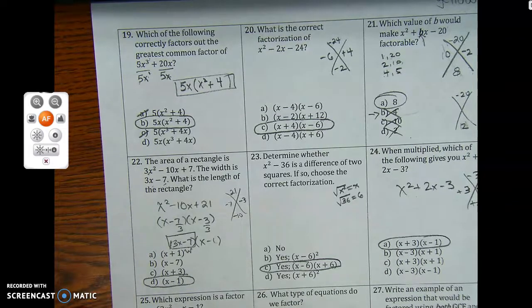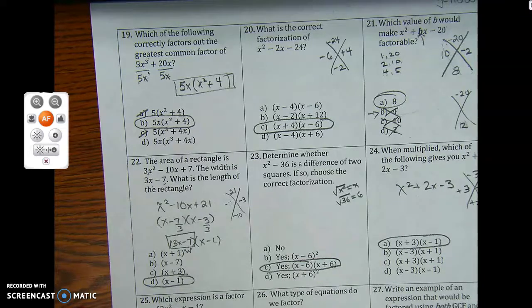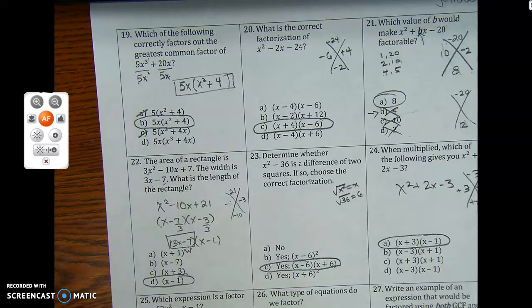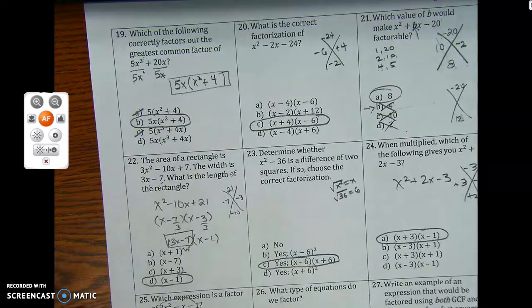Negative 2 here, negative 1 here. So it's going to be negative 2 and positive 1. So my 2x minus 2 times x plus 1. Remember, I multiplied by 2 in the beginning, so I have to divide by 2. So that becomes x minus 1 over here.